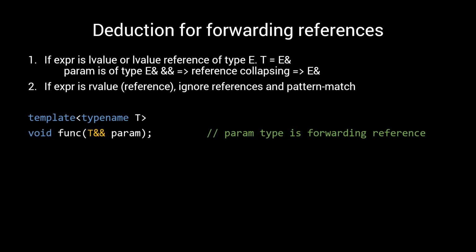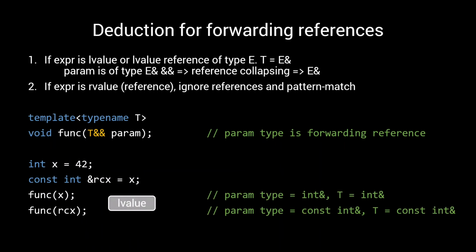In that case, we just ignore the reference part and do some pattern matching, just like when you're accepting by reference. So let's see this in practice. I got my integer x again, and I got my reference to const int rcx. So these are the two lvalue cases.